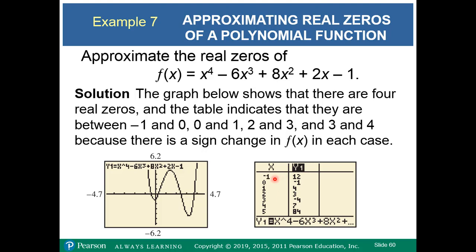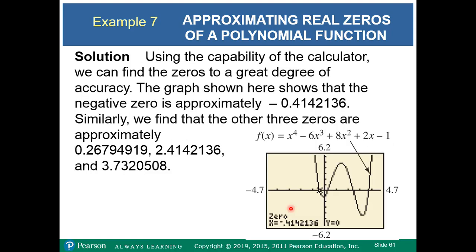We're using the intermediate value theorem here. From -1 to 0, it changes from positive to negative, so there has to be a zero here. From 0 to 1, it changes from negative to positive, so we have to have a zero here. From 2 to 3, it changes from positive to negative. And from 3 to 4, it changes from negative to positive again. So we know the zeros are going to be between those numbers.